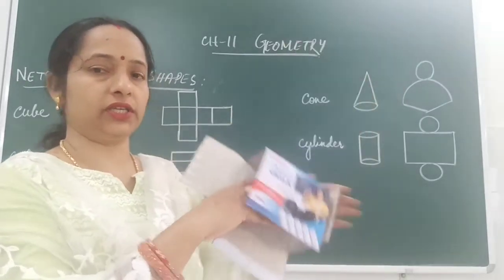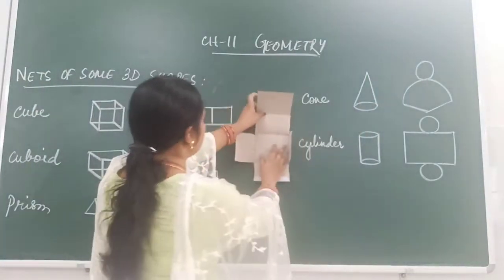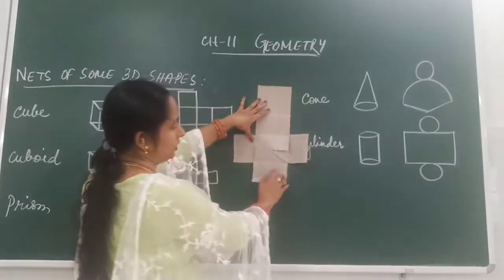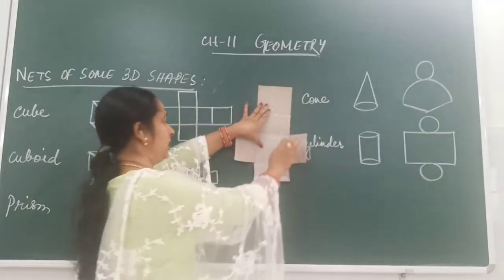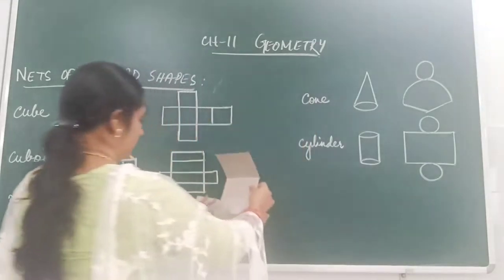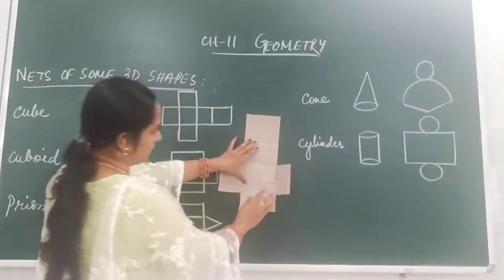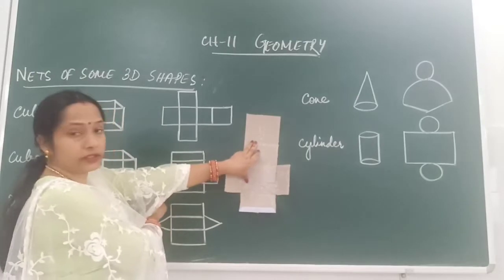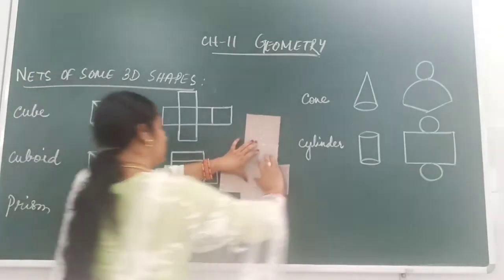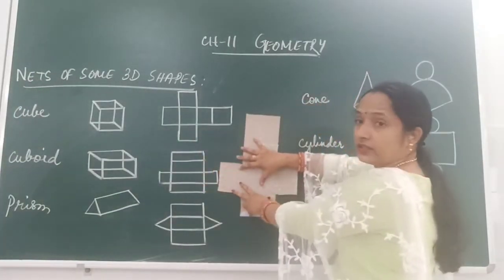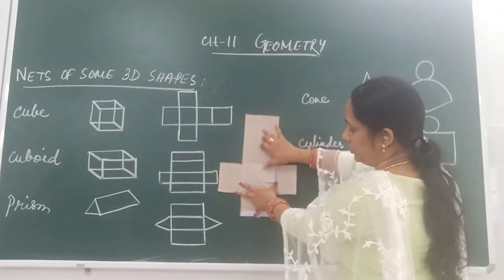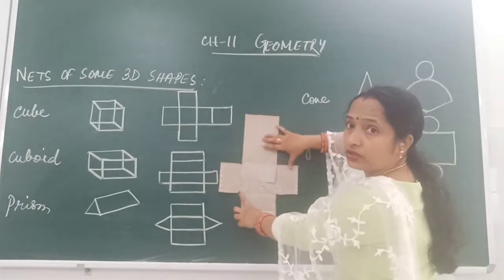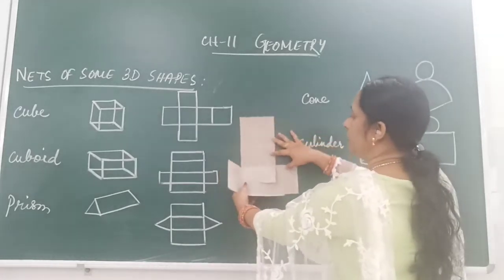Now you will get the net like this, understood? And if you try to match, here we have the cuboid, and here we have the net of the cuboid. In this way you can open it and find the net.